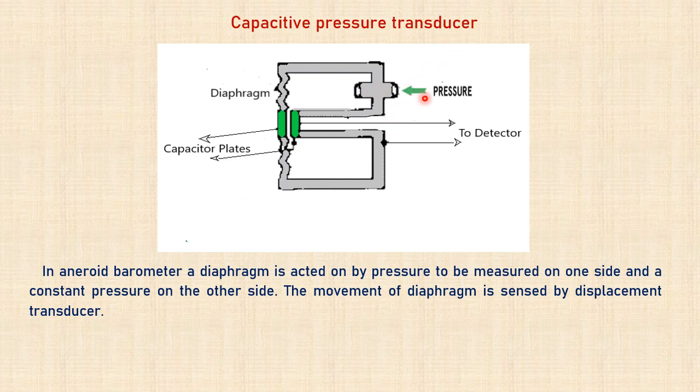Again, we see the pressure to be sensed being sent through this inlet. Now this is the diaphragm, and now there are two plates of the capacitor, one linked to the diaphragm. Now this is a parallel plate capacitor, you can clearly see here.